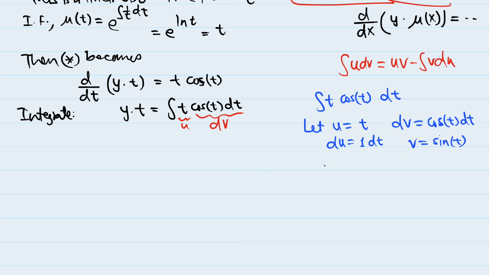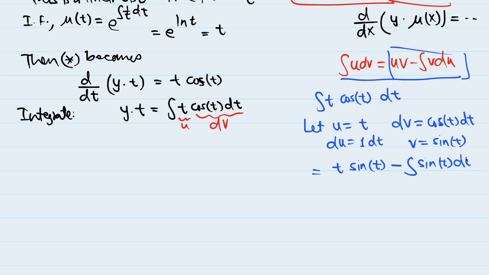Then this integral equals uv, so t times sine t minus, I'm applying this formula just on the right side, uv minus the integral of v times du, so sine t times 1 dt, just dt.